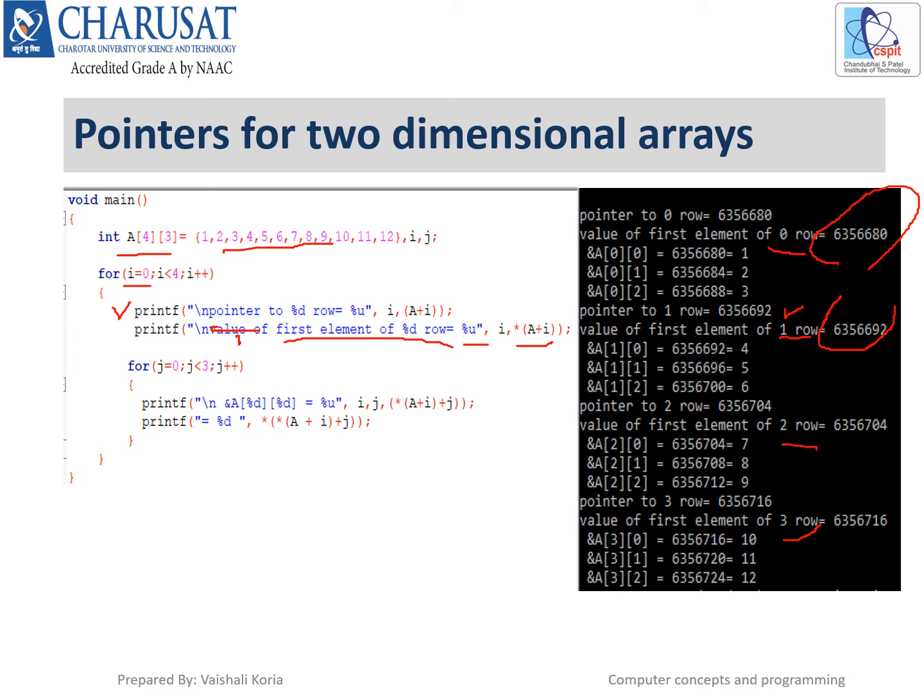Now inside this outer for loop, we have written this inner for loop, j equal to 0, j less than 3. So this for loop is for accessing the columns. Here you can see the equation that we have written, that is *(a plus i) plus j.